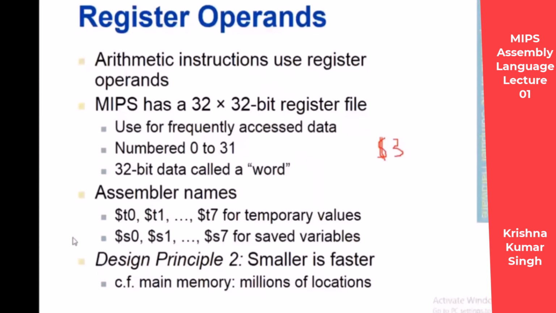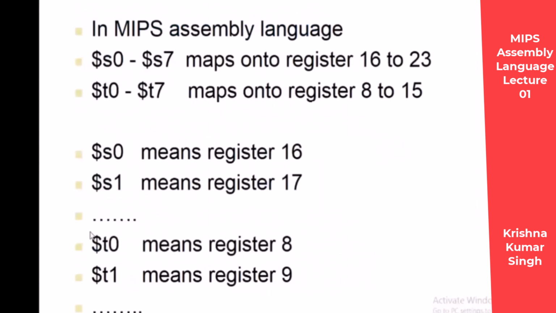You can use both of these symbols in your code. Of course, for programmers it is easier to use the symbolic names like $t0, for example, instead of $8 or $9. So registers $s0 to $s7 map onto registers 16 to 23, and $t0 to $t7 map onto registers 8 to 15.